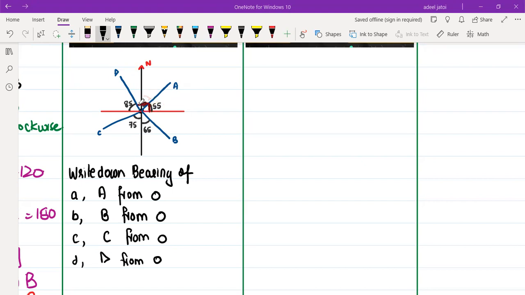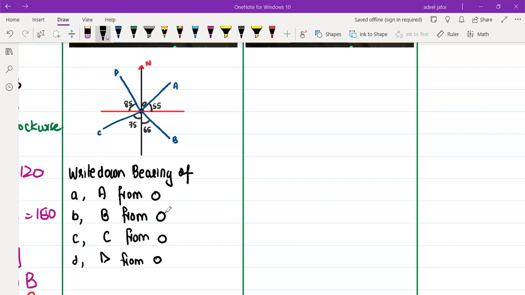Can we say this creates 90 degrees? 90 minus 55 becomes 35. So the first answer will be 35 because this entire thing is 90 and you need bearing of A from O. So this is the requirement: clockwise from the north of O to the line of A. So this should be 90 minus 55.